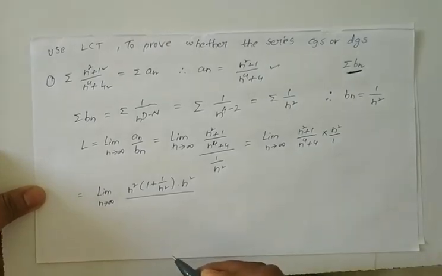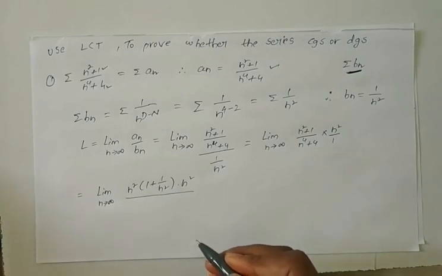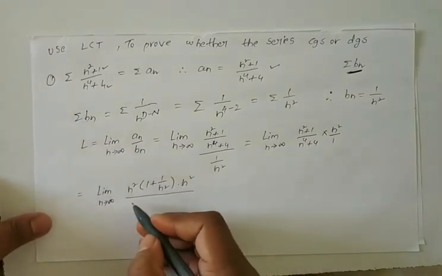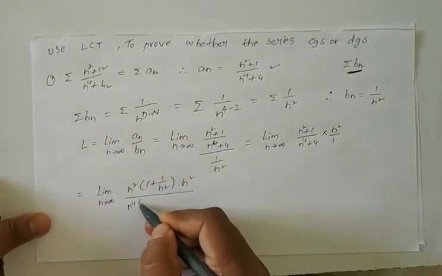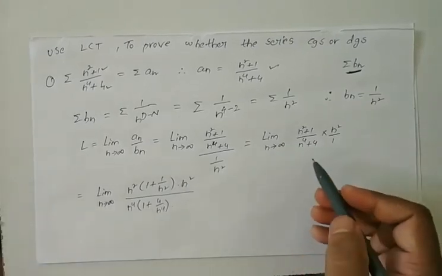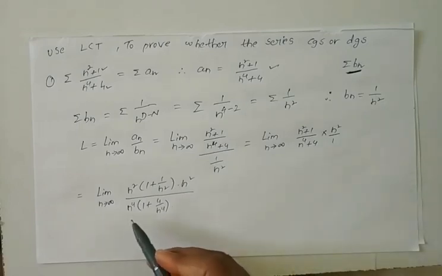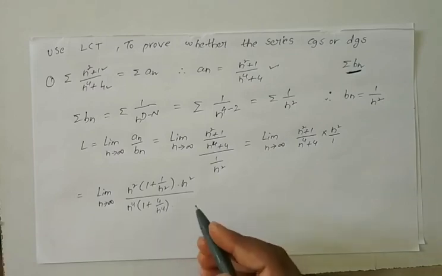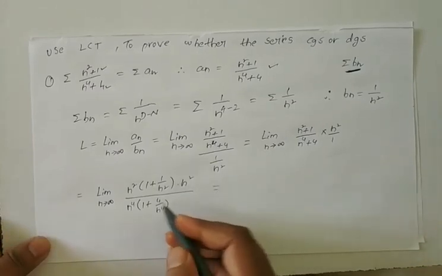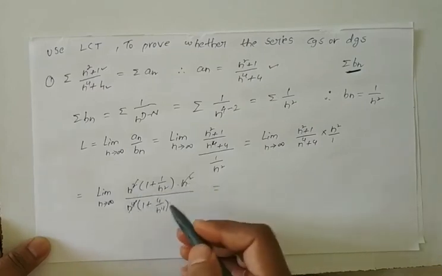In the denominator I am taking n power 4 as a common factor, so we get n power 4 of 1 plus 4 by n power 4. Here you observe that n square and n power 4 get cancelled.